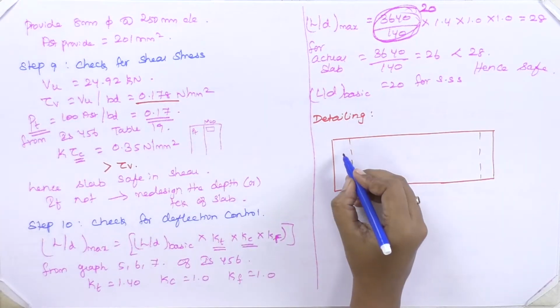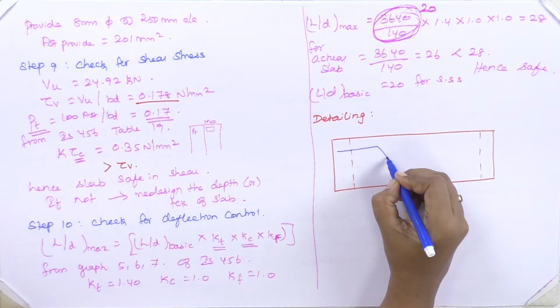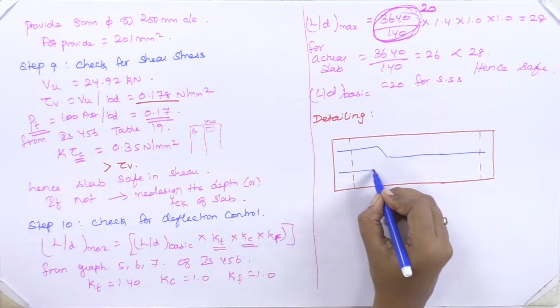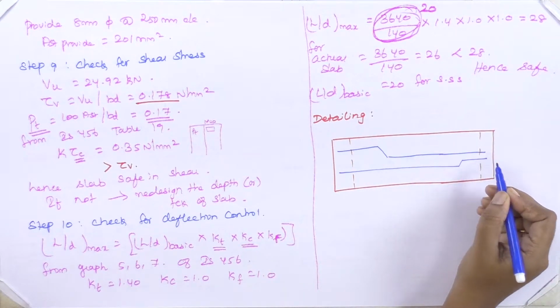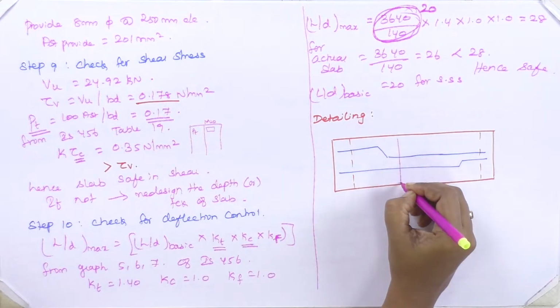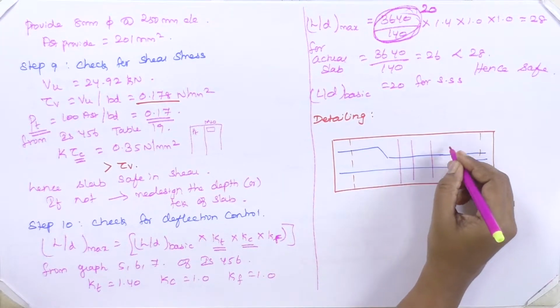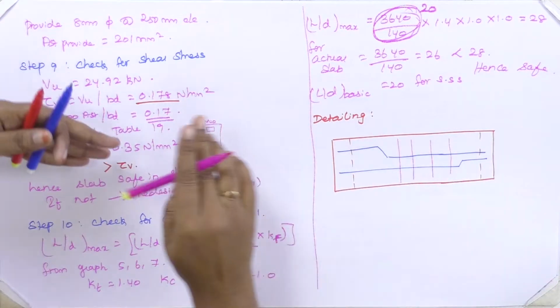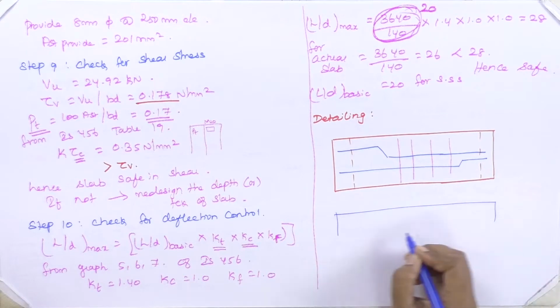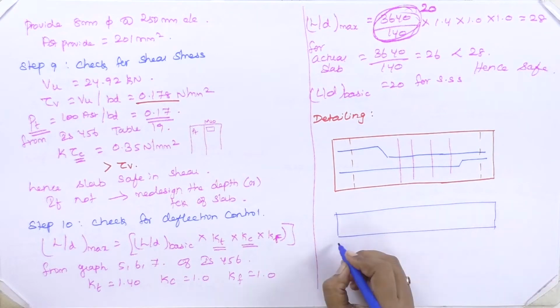I'll put the reinforcement as, this is the cranking part, this is also the cranking part. Again, one more steel I'll lay here in this fashion. Okay, this is in the plan view. I'll draw the cross section also.